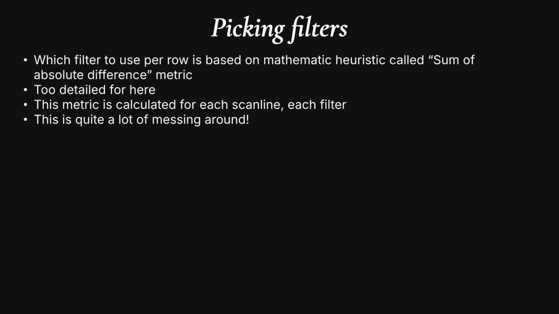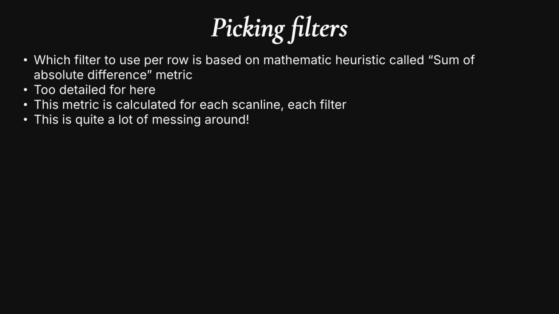So there might be a way in which you could come up with a better metric than sum of absolute difference, and it might give a better result, but no one's done that yet. I think there are a couple of research papers with some that are a little bit better. But PNG is about 40 years old at this point, so it's worked quite well up until now.